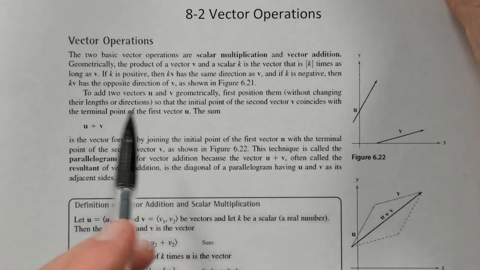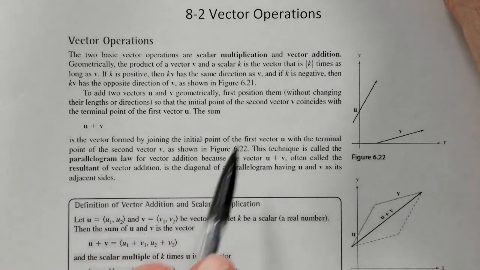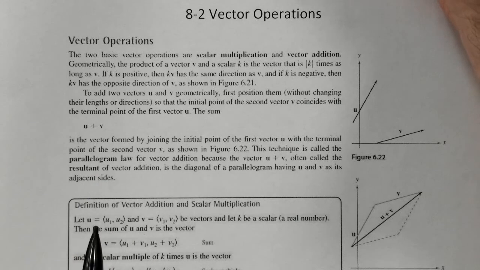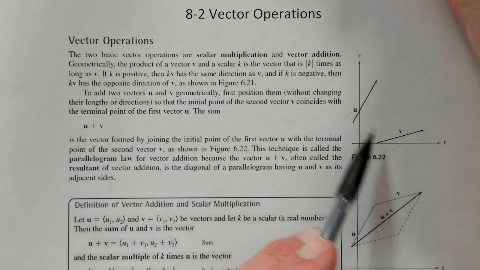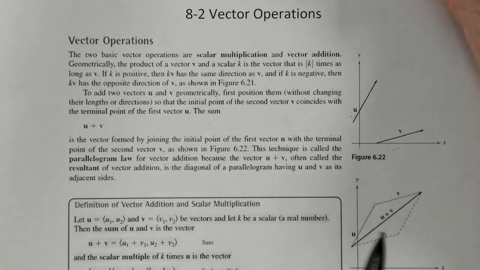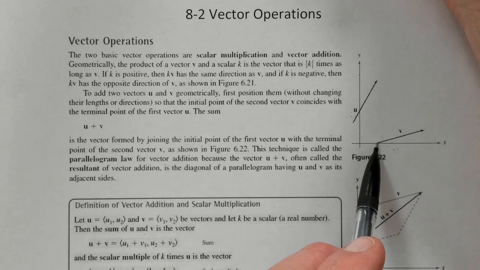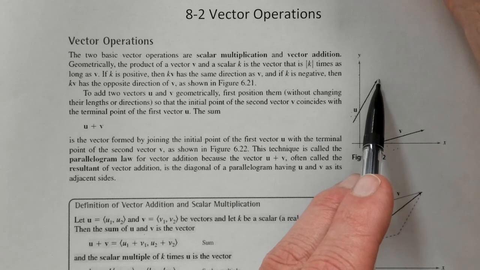When you add two vectors together, what happens is it's the sum of each of the individual component vectors. Like in these figures, if I have two vectors here and I want to add them together, I take the first vector and put the initial point of the second vector at the terminal point of the first vector.